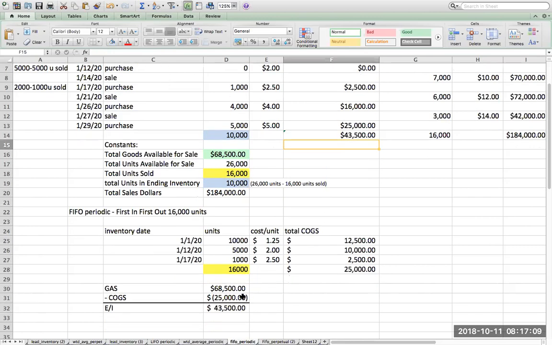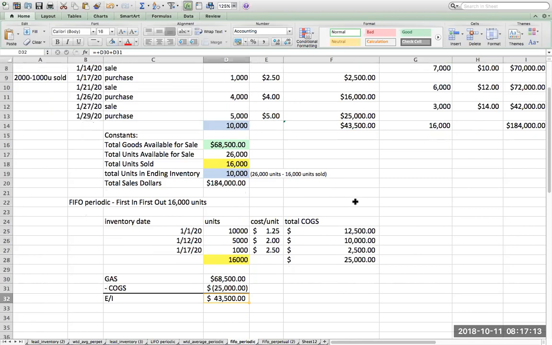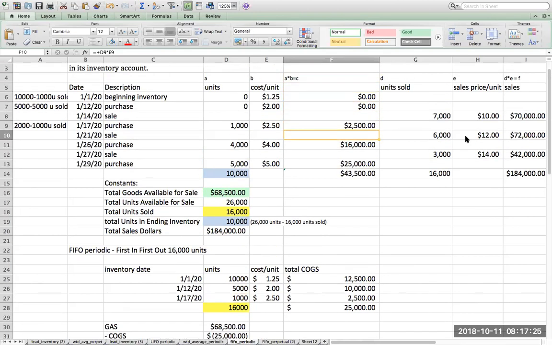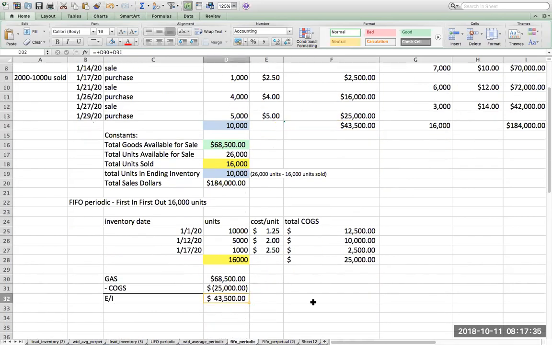And I calculated my ending inventory value to be 43,500. So I've got 1,000 times 2.50 or 2,500, 4,000 times $4 per unit at 16,000, and then 5,000 times 5 per unit at 25,000. So my total ending inventory matches what I have here.